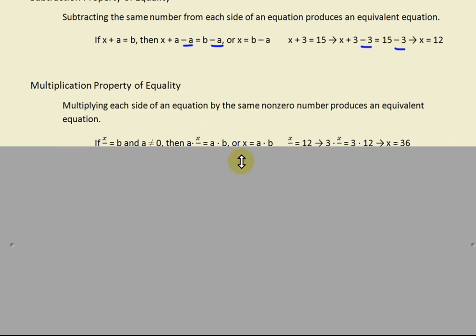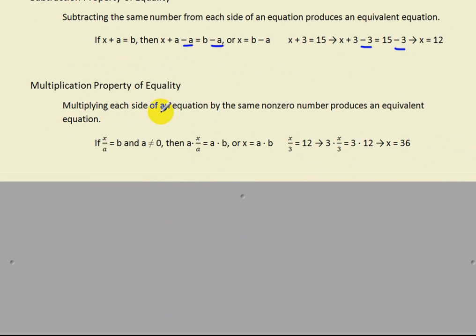Multiplication property says, guess what? We can multiply each side of an equation by the same non-zero number and end up with an equivalent equation. So we could have, for example, x over a equals b. We can multiply that by a. And we don't want a equal to 0 because remember, this is in the denominator and we cannot divide by 0. So with a not equal to 0, multiply each side by a.